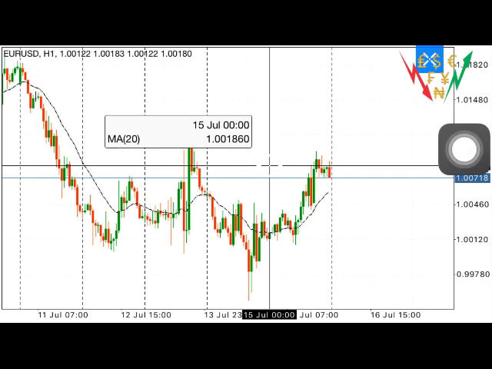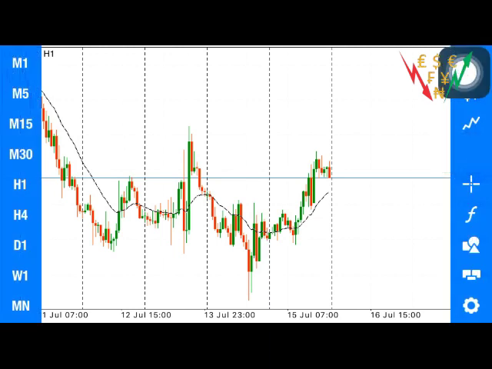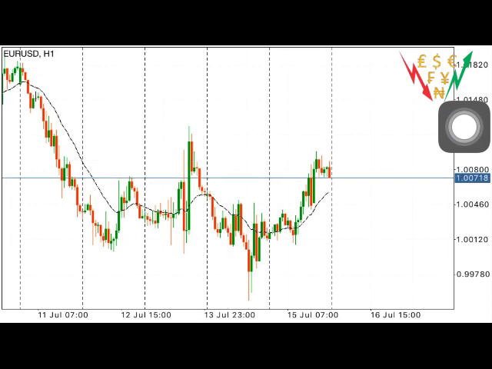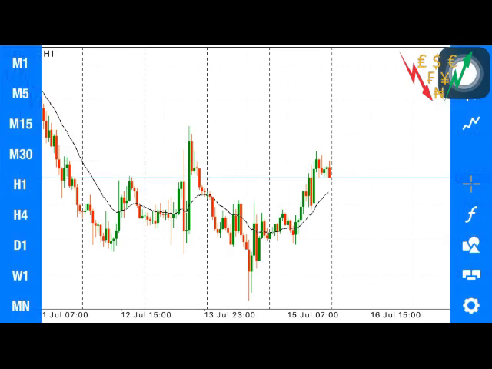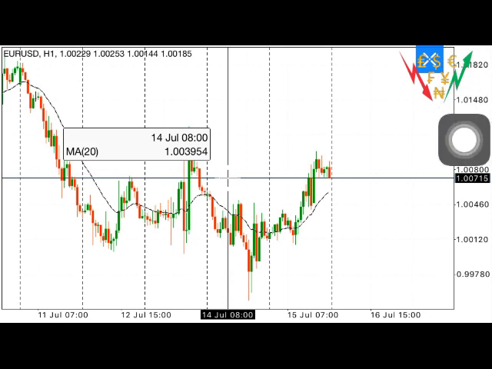The market is traded in different segments across the world. The most popular of them all is the Asian session, which uses Tokyo time. We also have the European session, or the London session, that connotes UK time, and then we have the American session, mostly New York time, that's North American time.